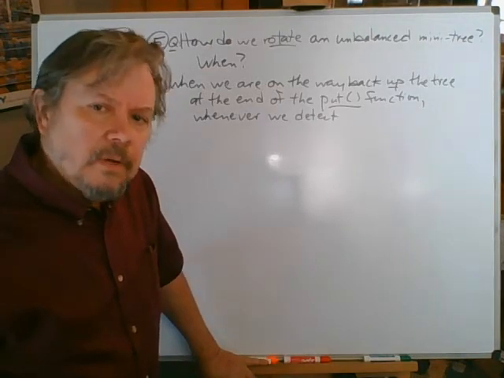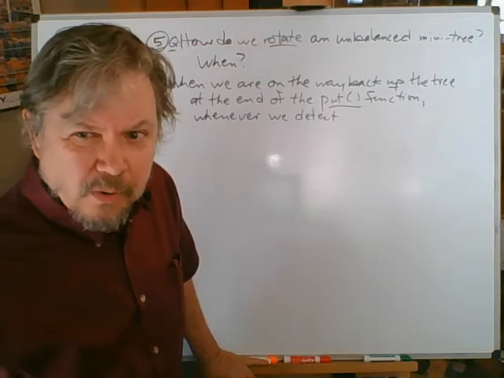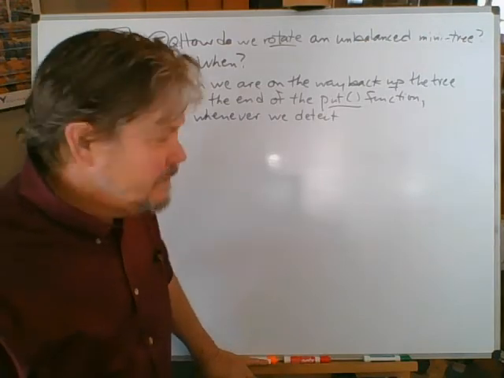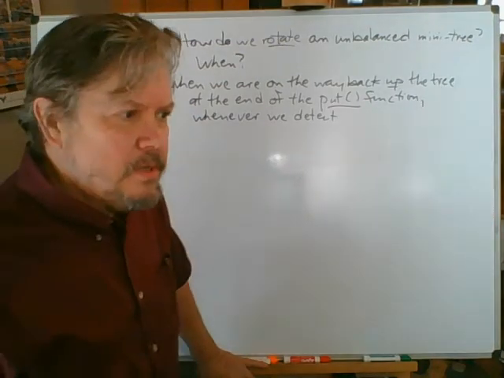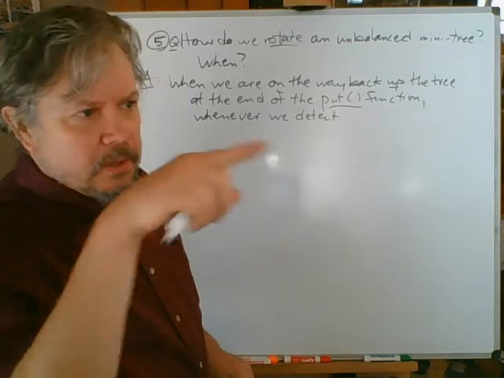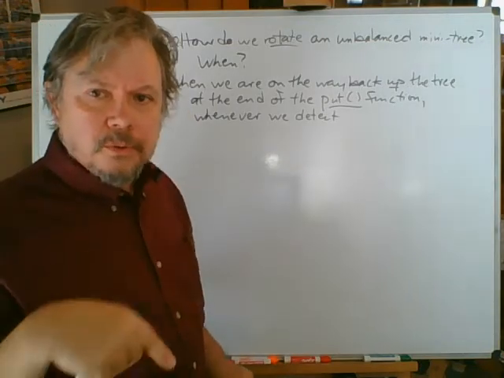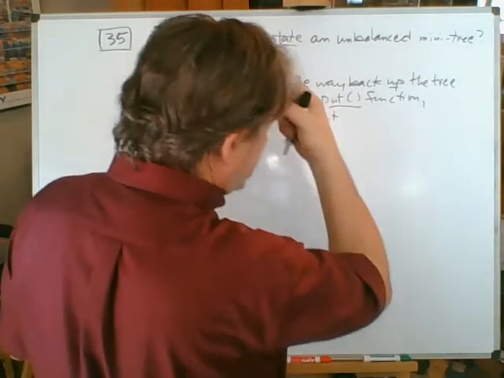And again, if we've done everything correct up to this point, there can't be 3 red nodes in a row, or 4, or 5, or anything bad like that. Our worst case that we have to deal with is 2 red nodes in a row. And you'll notice I didn't say 2 red nodes in a straight line, or 2 red nodes crooked one way, or 2 red nodes crooked the other way. Doesn't matter. Any of those, we're going to have to balance them.